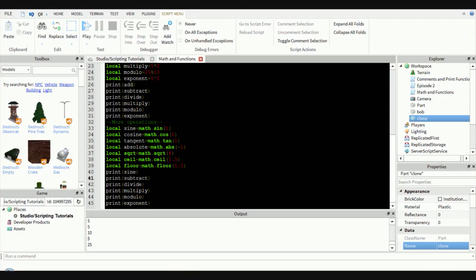Local sine. So if I remember, sine, cosine, and tangent: sine is the opposite over the hypotenuse, cosine is adjacent over hypotenuse, and tangent is opposite over adjacent.